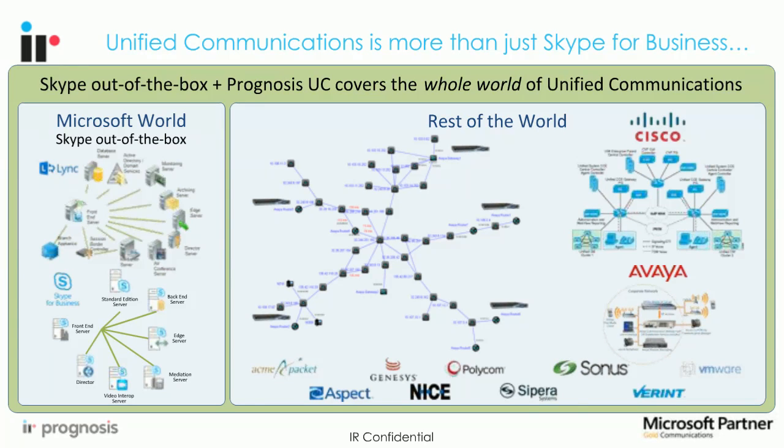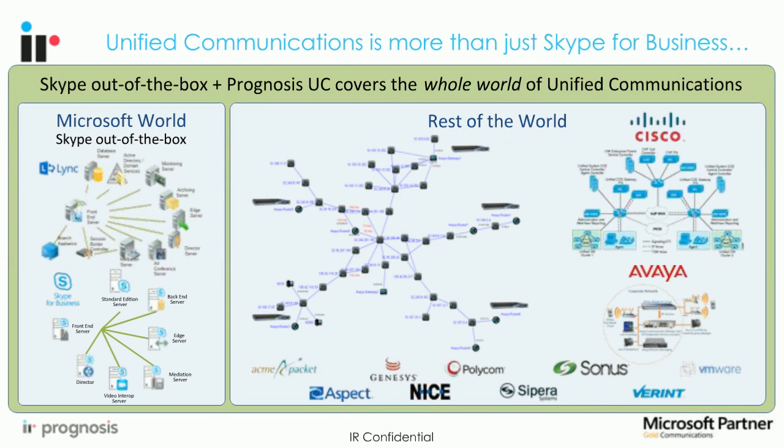On the other hand, a product like our product, which is Prognosis UC for Unified Communications, actually tells a story. It tells you what's happening in your environment. And in Troubleshooting 201, you'll actually see at the end of that drill down, you'll actually get a prescriptive description of what's happening in your environment and steps to take to mitigate any of those problems that are occurring.